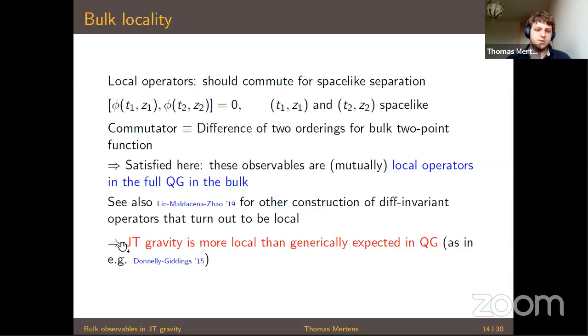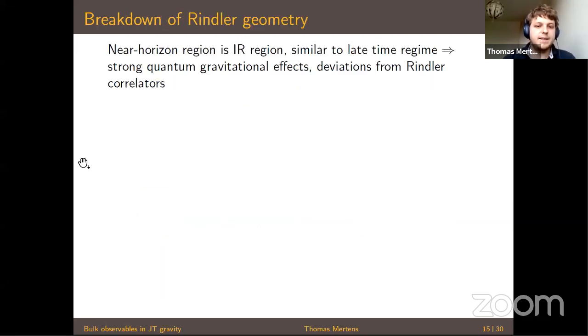So it's easier to construct operators that satisfy bulk locality in this way. That's one physical conclusion that we get from these operators. And then a second conclusion, which I mentioned already before, is that for large spatial separations, you get strong quantum gravity effects.